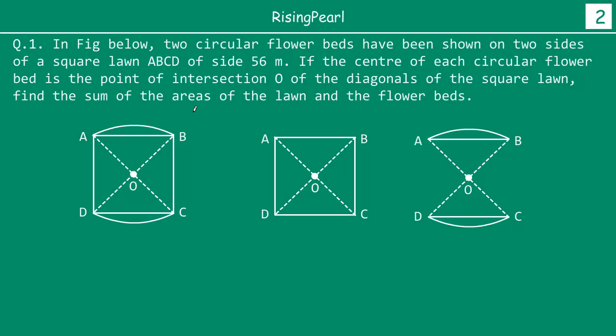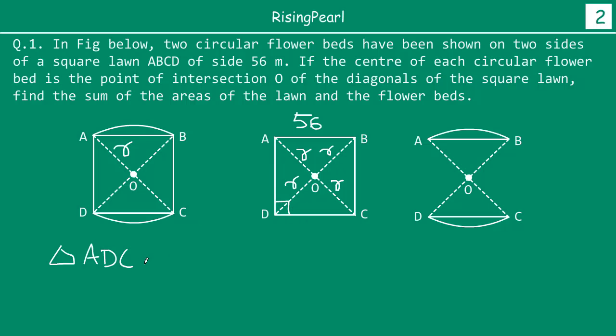So we have the square, which is 56 meters, which is given to us. Now we have not been given the radius. We have to figure this out. So this is the radius, this is the radius, this is the radius, this is the radius. If we look at triangle ADC, we know that this is 90 degrees.